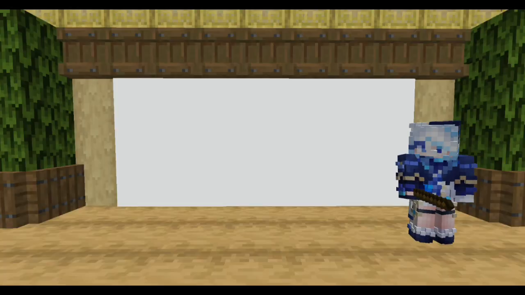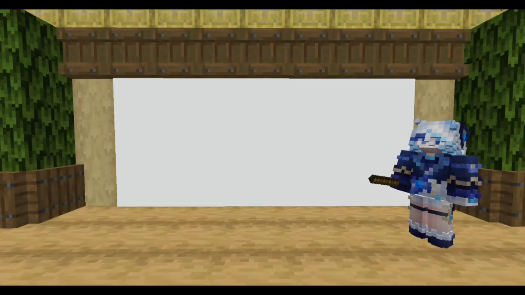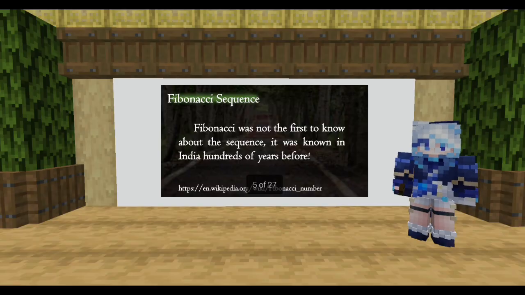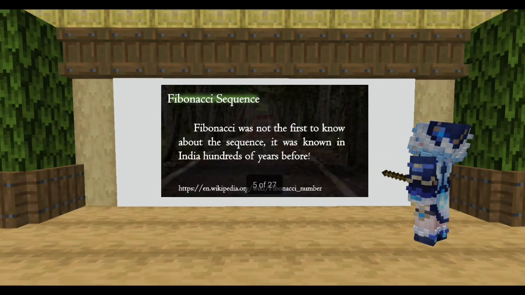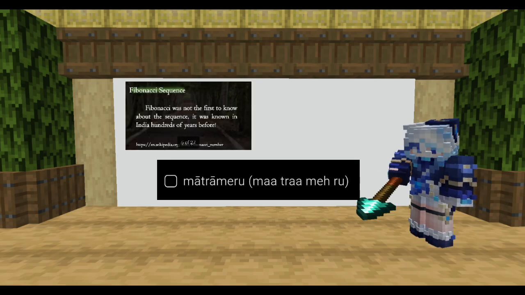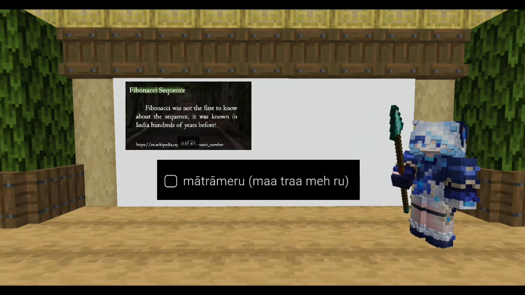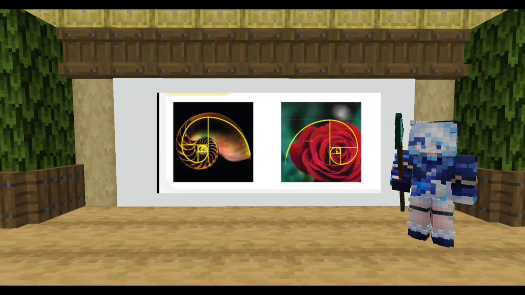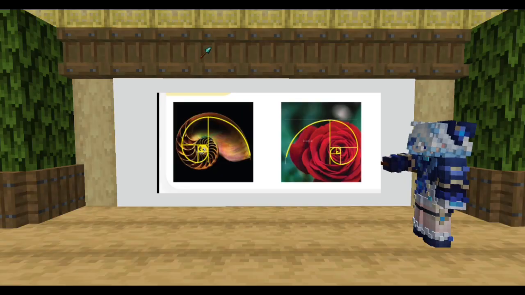We're done imagining. Anyways, fun fact about the Fibonacci sequence. Fibonacci wasn't the first to know about the sequence, as India has already known about it hundreds of years before. It was called Matrameru in India. Yes. Here's some more pictures of what you can correlate with the Fibonacci sequence.